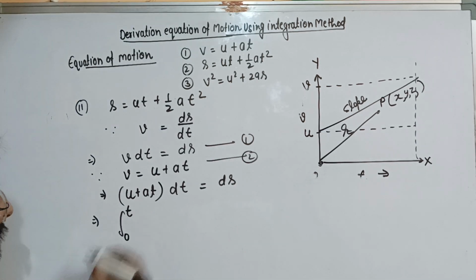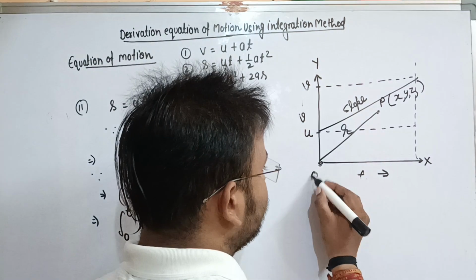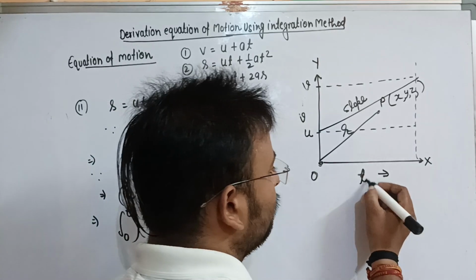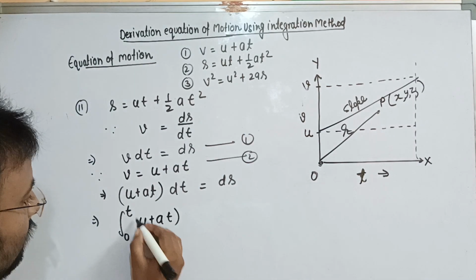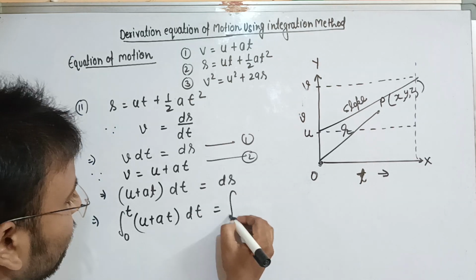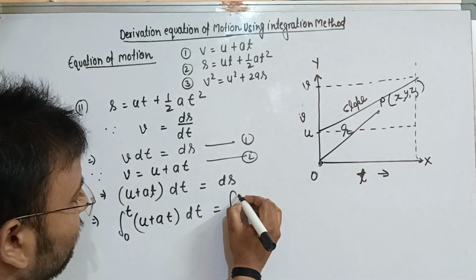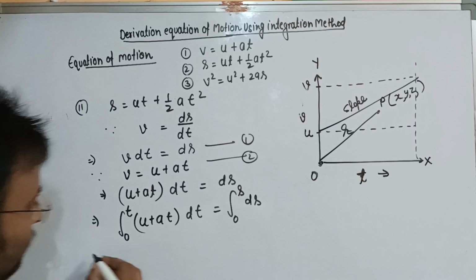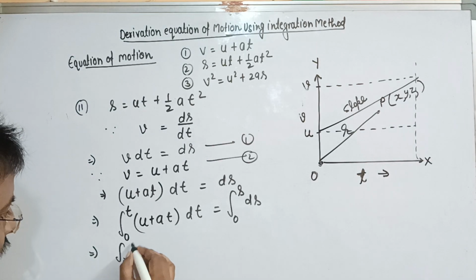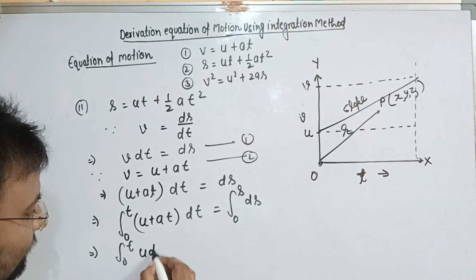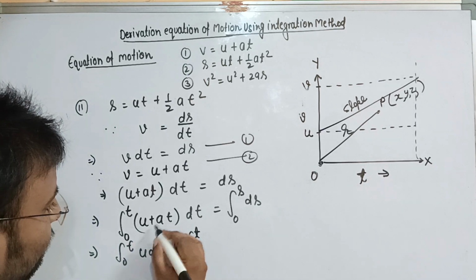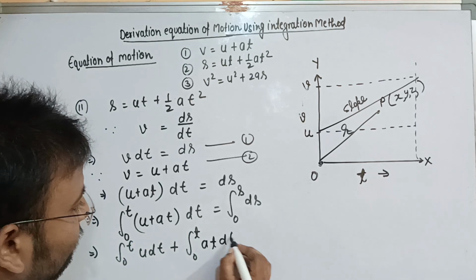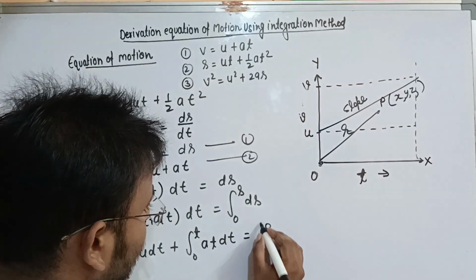Applying the limit 0 to t, the integral of u plus at into dt from 0 to t is equal to the integral of ds from 0 to s. Multiplying out, the integral of u dt plus the integral of at dt is equal to s.